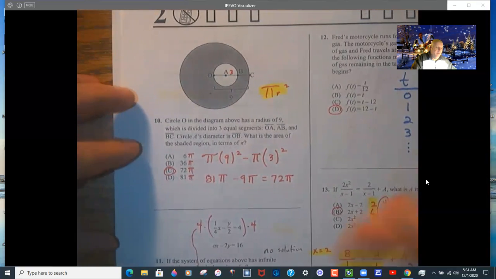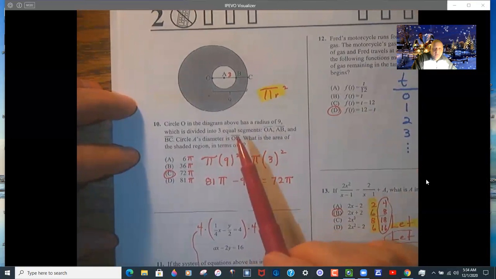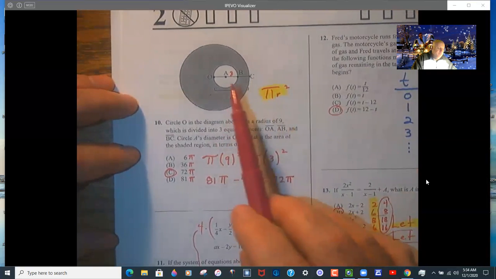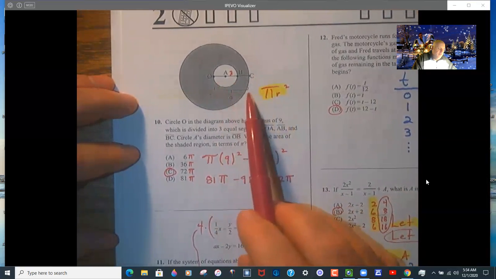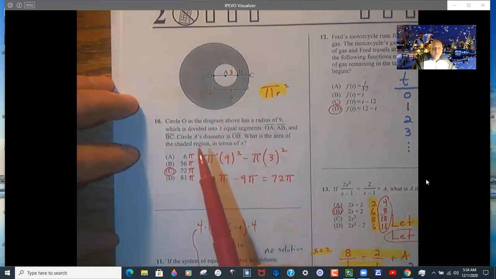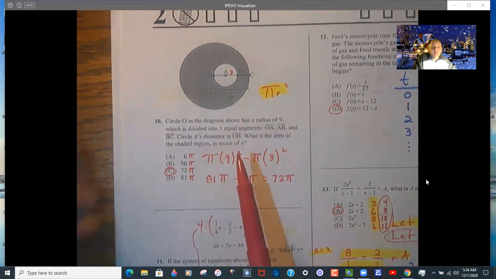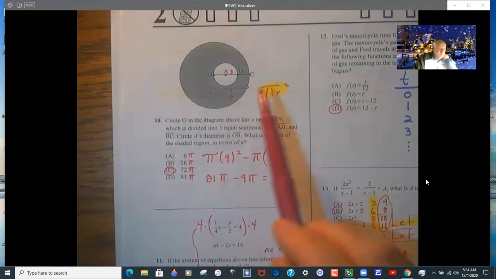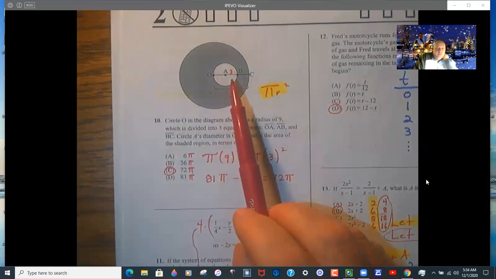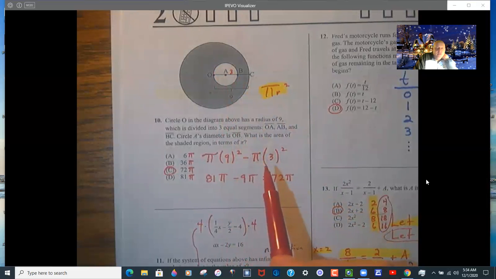Okay, so here divided into 3 equal segments. Okay, and that distance is 9, so each of those is 3. What is the area of the shaded region in terms of pi? So the circle that's taken out, its area is 9 pi.